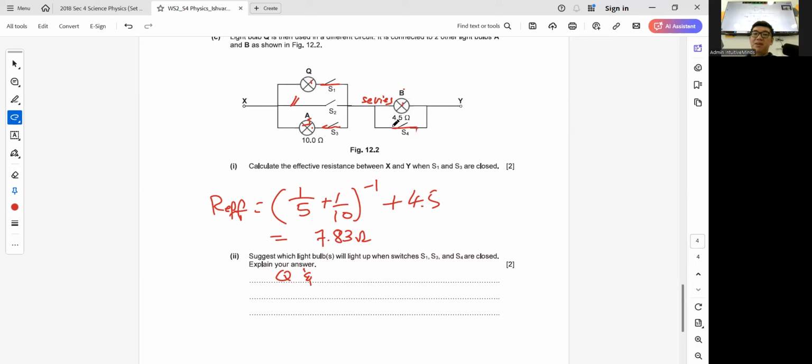Only A and B will light up? No. You'd be wrong. This creates a short circuit. Now all the current will flow through here. And no current will flow through B. So B will not light up.